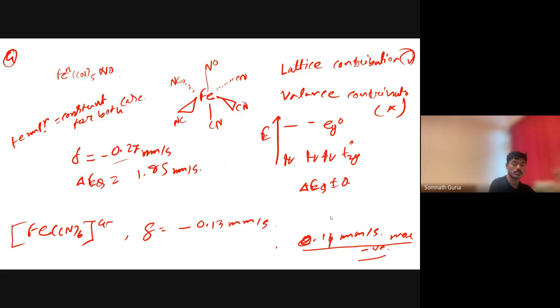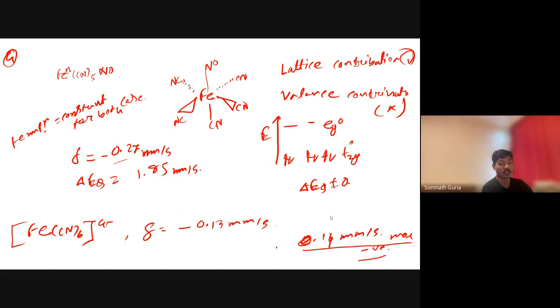That means it has a stronger pi-acceptance effect than cyanide, lowering the electron density of the d orbital. That means a higher s orbital contribution at the nucleus, which gives a higher negative delta value. So we can say nitrosyl has a higher electron-pulling effect than cyanide.